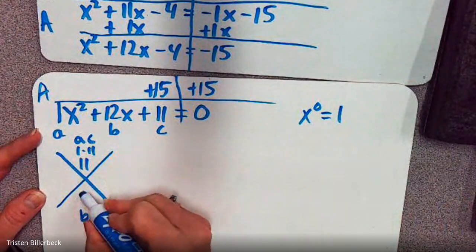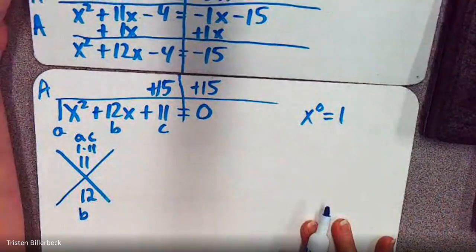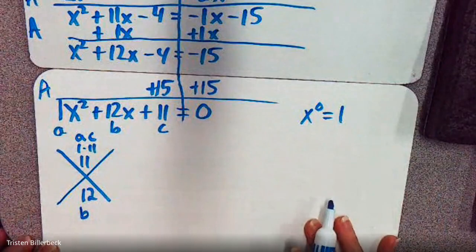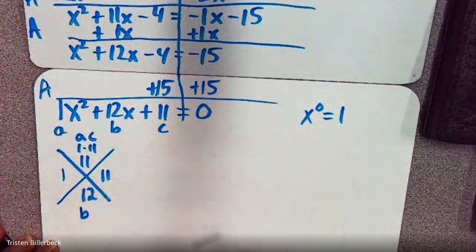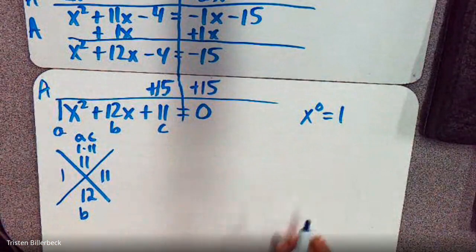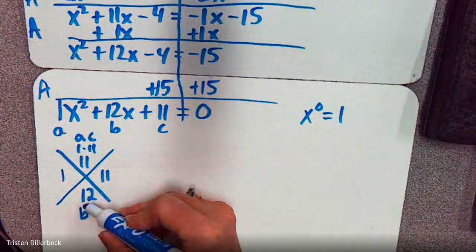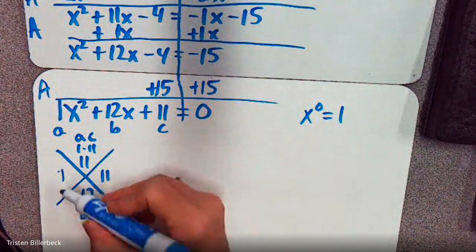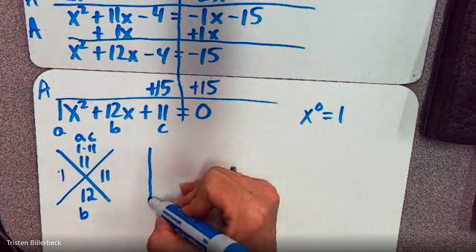Now we have to think: what multiplies to be 11 and adds to be 12? If you said, oh, that's simple, it's just 1 times 11, you would be totally correct. 1 times 11 is 11, and 11 plus 1 is 12. Sorry, I was going backwards.